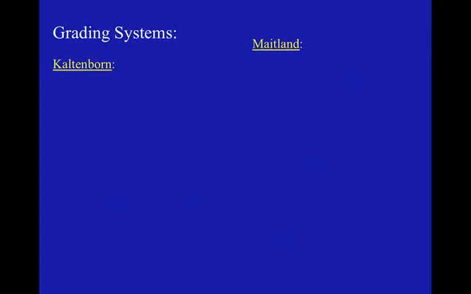Now there are two main grading systems that are most classically used, that of Kaltenborn as well as, more commonly used, that of Maitland. If we look at Kaltenborn's, he divides his grading system into 3 stages, 1, 2, and 3. In stage 1, he calls it loosening.